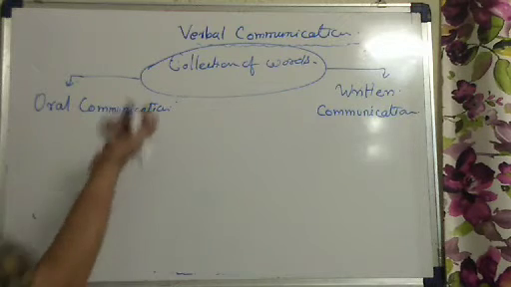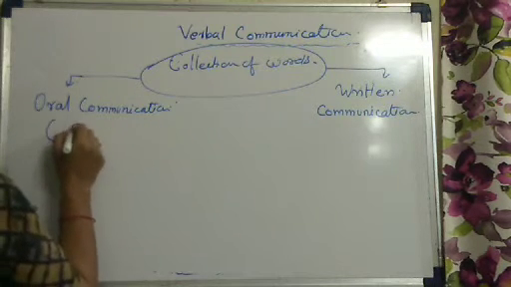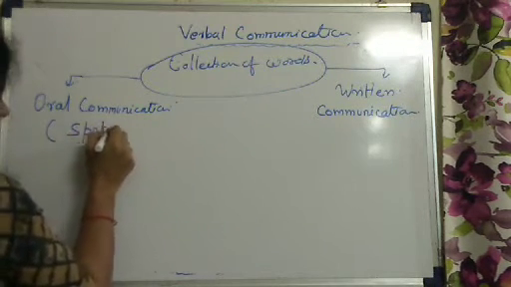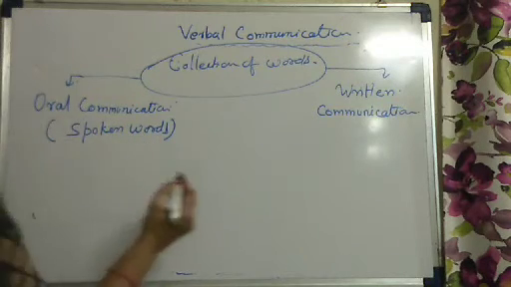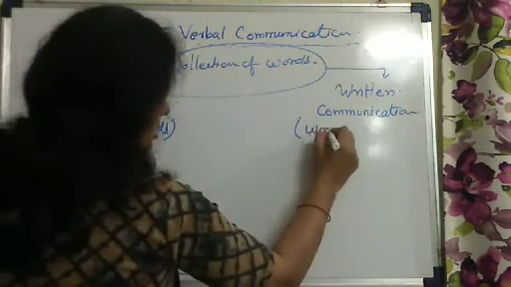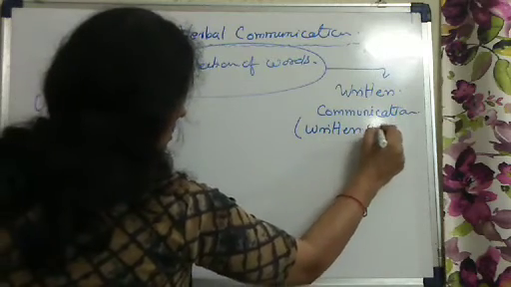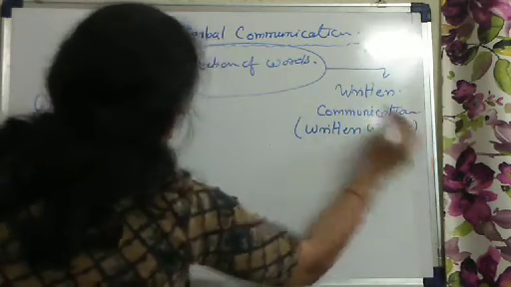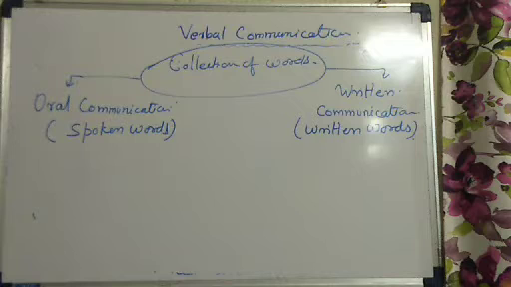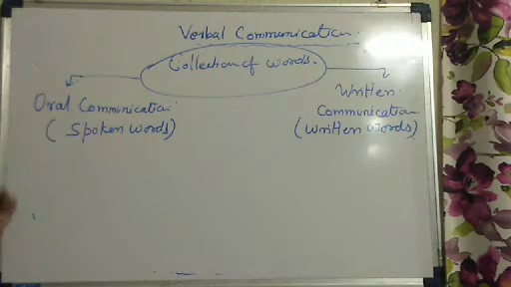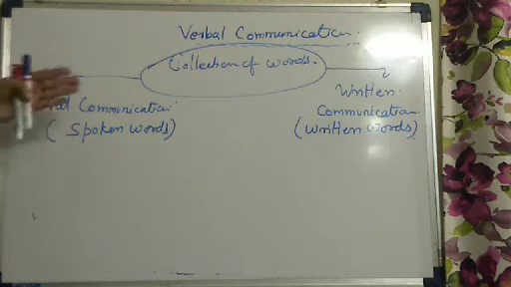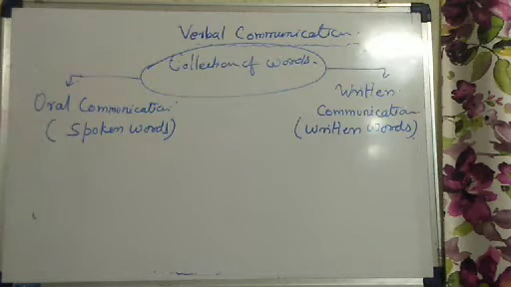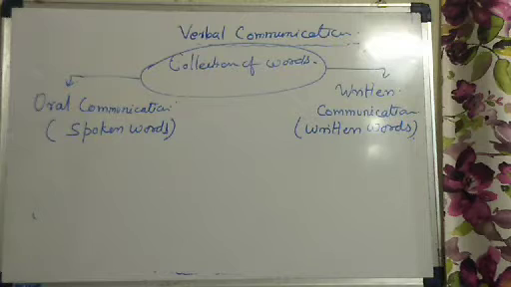Oral communication uses spoken words, and written communication uses written words. The same collection of words is represented in one way through oral communication and in another way through written communication.